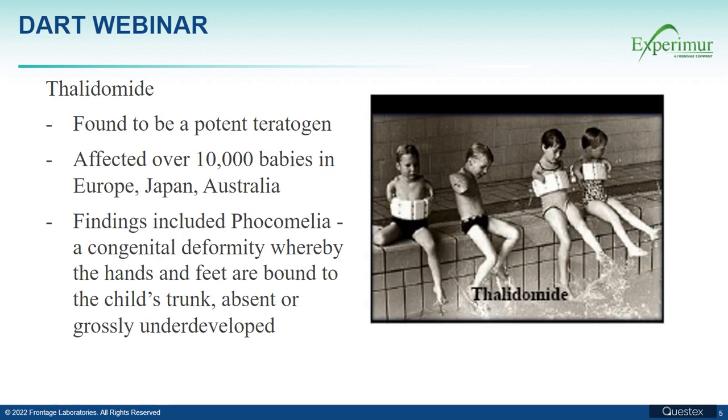However, after some widespread use in Europe, Japan, Australia, thalidomide was found to be a potent teratogen, and it affected over 10,000 babies in Europe, Japan, and Australia. Some of the major findings included phocomelia, which is a congenital deformity where the hands and the feet are bound to the child's trunk, or they're absent or grossly underdeveloped. And there's an image here showing that.